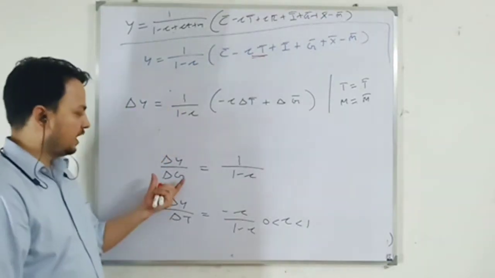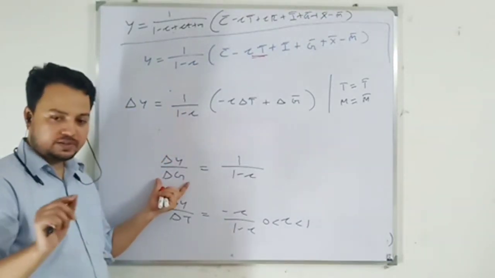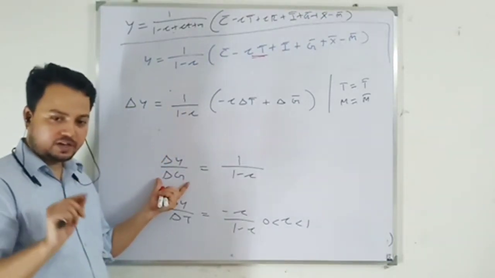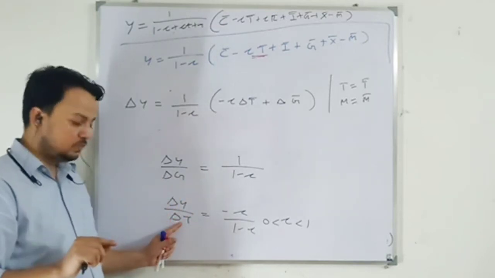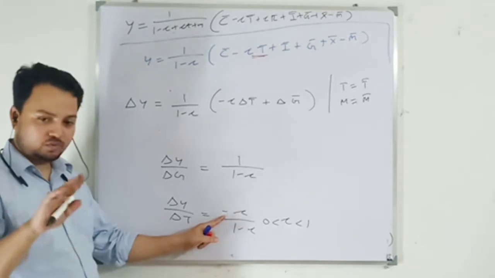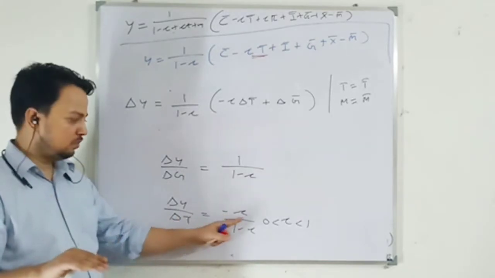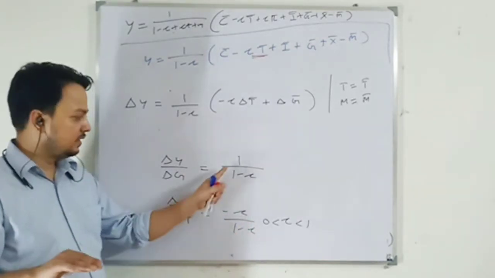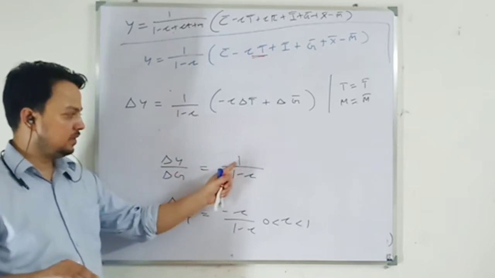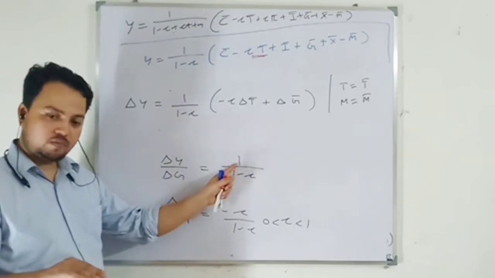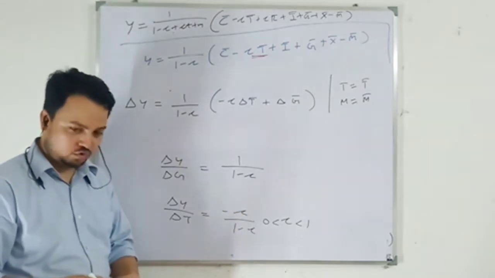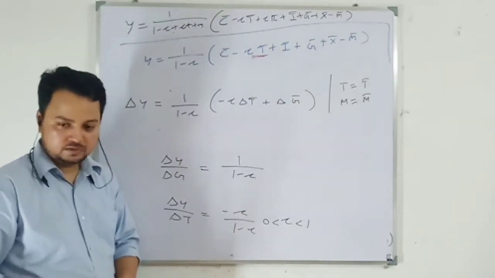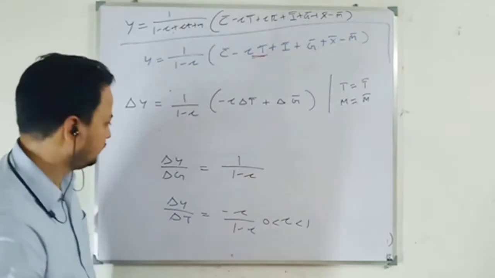So the expansionary effect of increase in government expenditure on aggregate demand will be more than the contractionary effect of taxes. You have a negative sign, so it will decrease your output, but less than the increase in output caused by government expenditure, because in the numerator you have 1, here you have less than 1. So you will have a positive effect on your output.